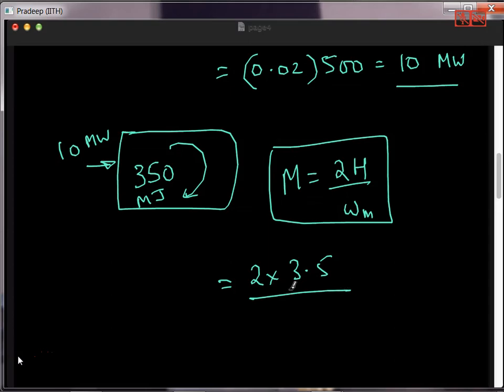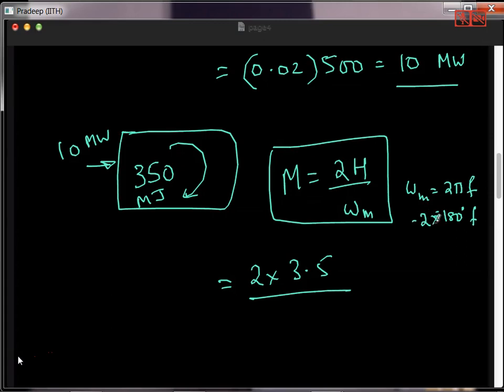But because I want to calculate the angle in degrees, instead of 2 pi, we use 2 into 180 degrees, since pi radians is 180 degrees. So in total I will get 360 degrees. Frequency is 50 hertz, given in the question.